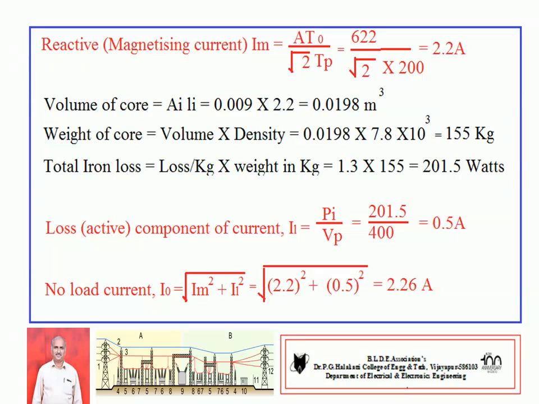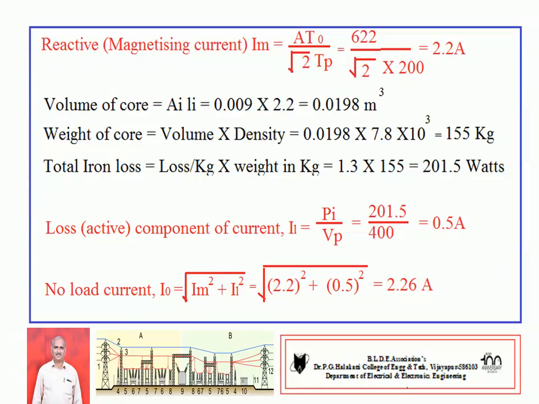To go for calculation of the loss component, the very first step is to calculate the volume of core. Volume of core equal to AI into Li, which is 0.0198 meter cube.